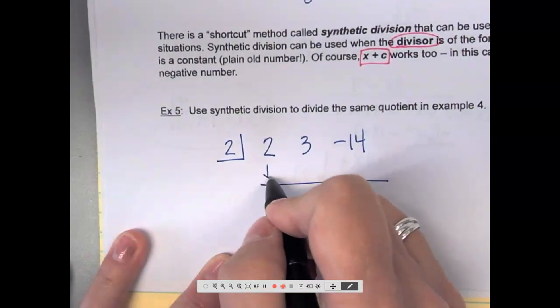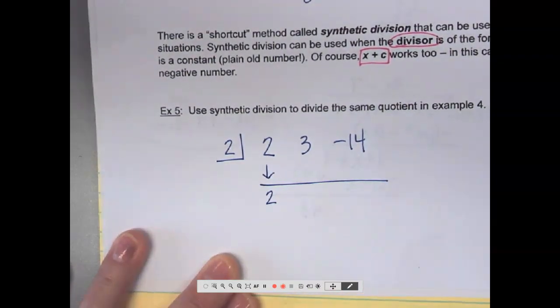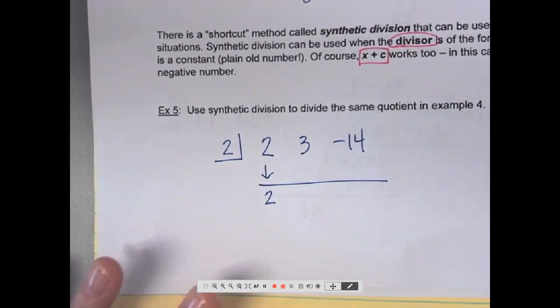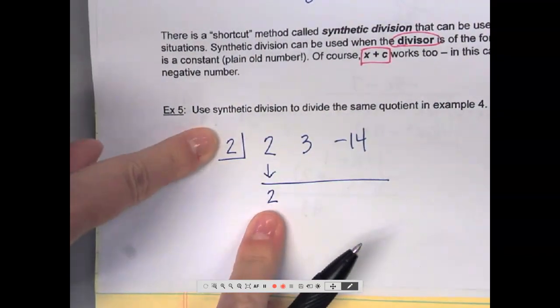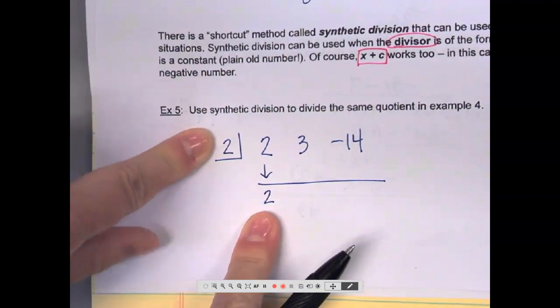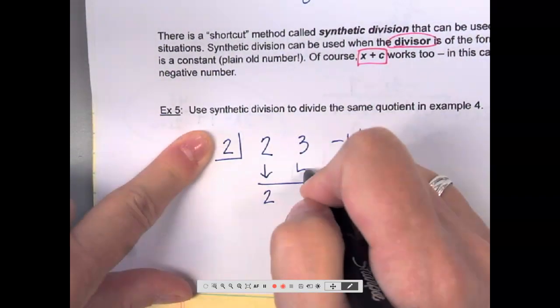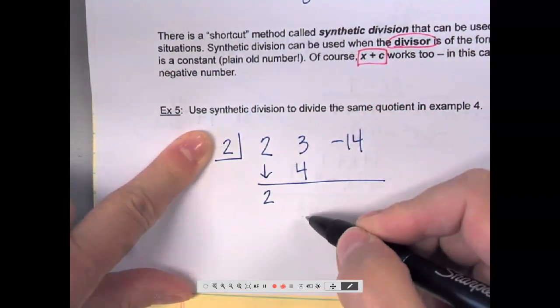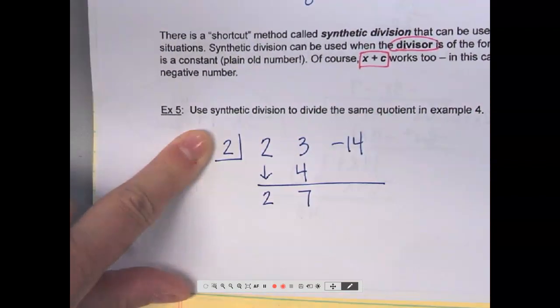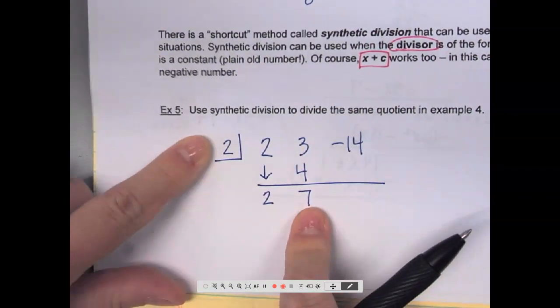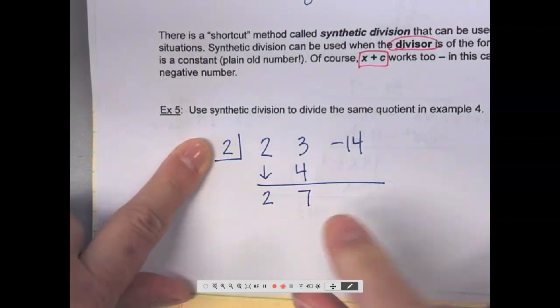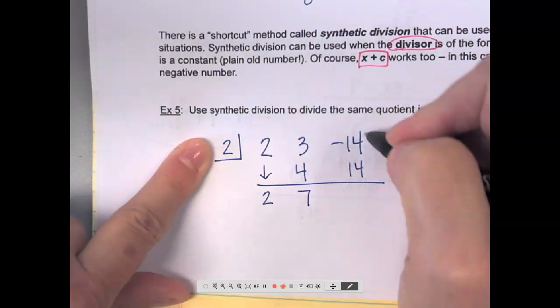The first one comes down. Then we start a process of multiplying this by the number in the box, putting it in the next column, and adding. Then we do it again: this number times the number in the box goes in the next column, and we add.